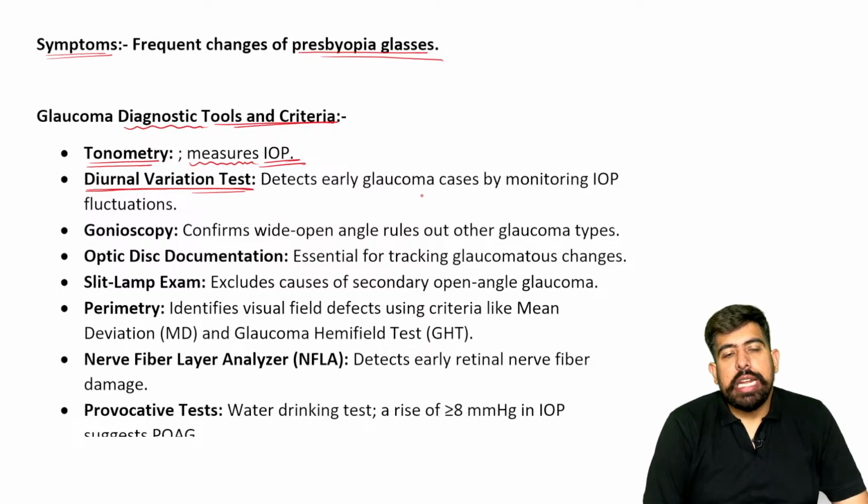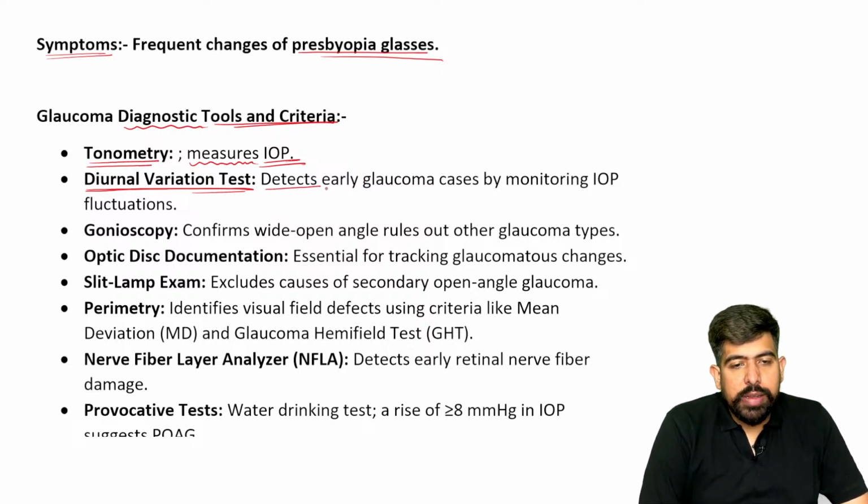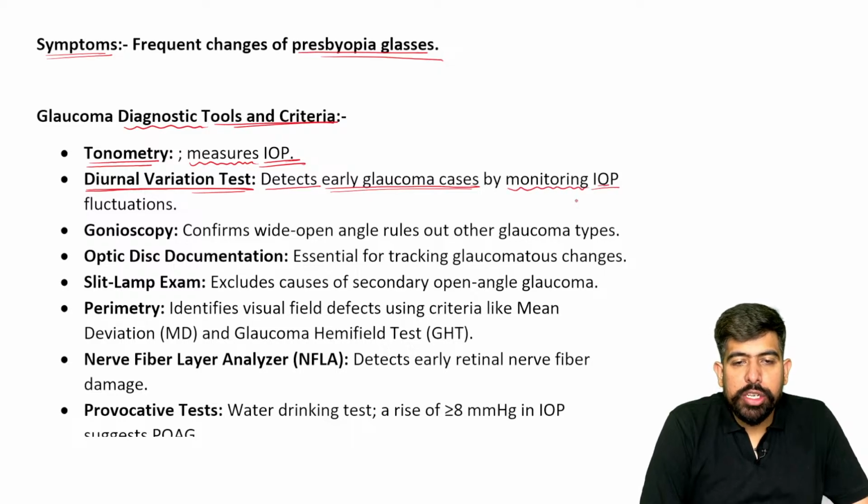Also, we have to see the diurnal variation test. And what is this diurnal variation test? It detects early glaucoma cases by monitoring the intraocular pressure fluctuations. What do you mean by this?